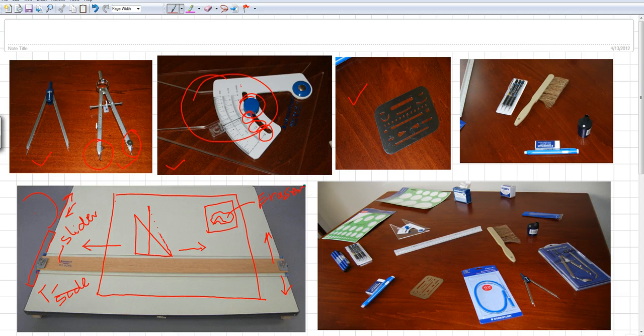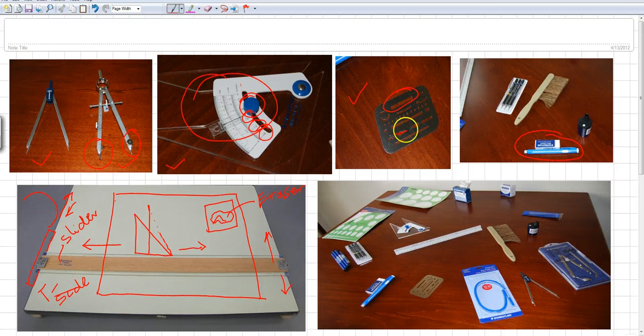Okay, what you see on the next picture is the eraser. Now again, the eraser, two different types. You see one looks like a pen eraser and the other one is the regular original one that you use all the time. But you would use the eraser on this template, and you see the holes which you would line up with your drawing and use it for erasing and keep your drawing nice and clean.